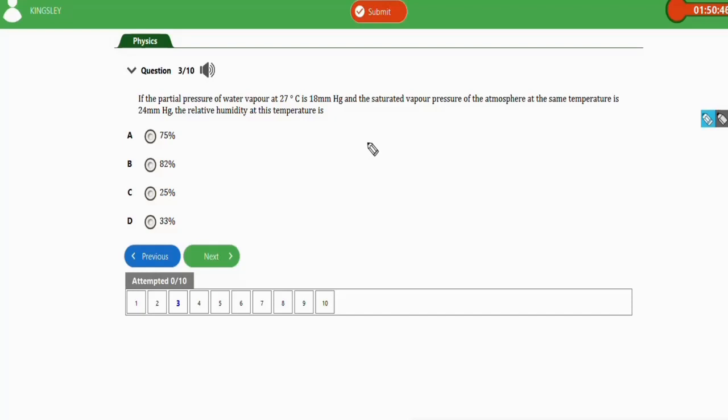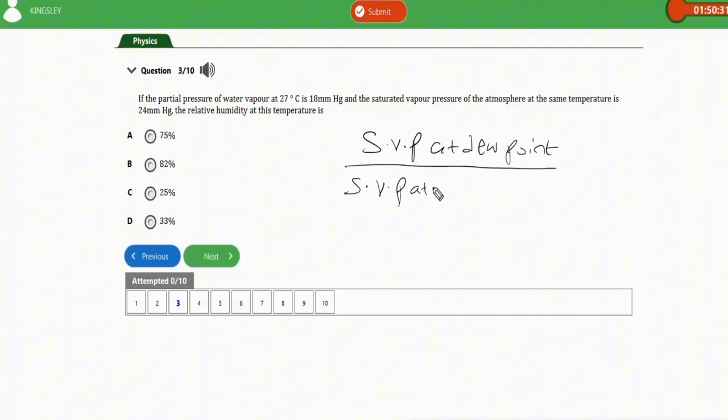So you can apply saturated vapor pressure at dew point over saturated vapor pressure at room temperature, times 100 over 1.